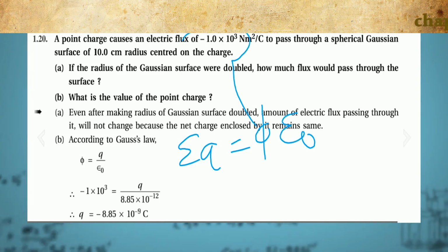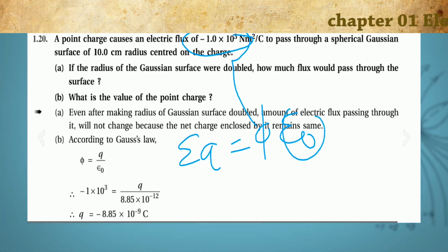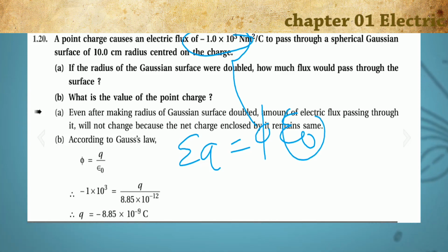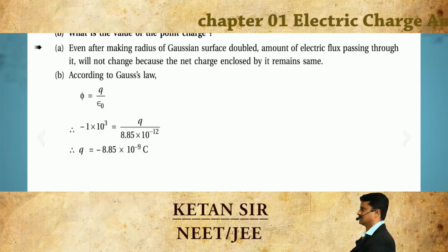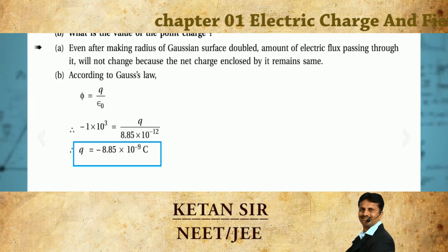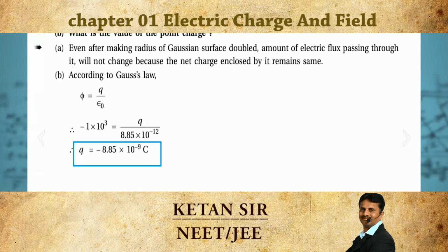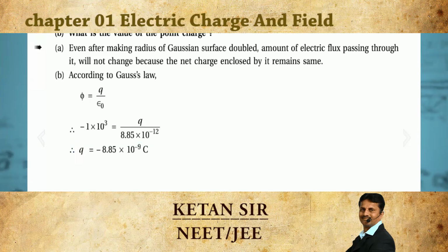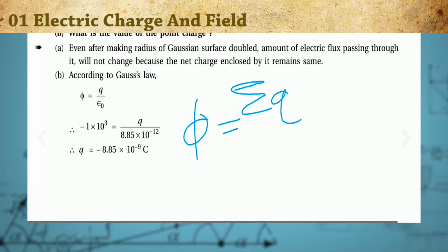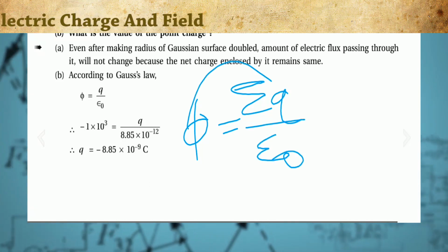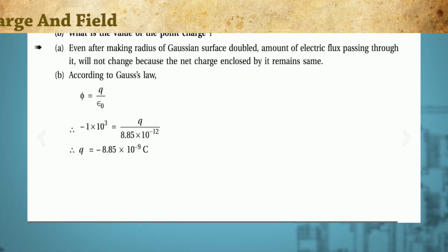The value of phi is minus 1 into 10 raised to 3, and epsilon 0 is 8.85 into 10 raised to minus 12. After putting the values, you get the answer minus 8.85 into 10 raised to minus 9. It is a very simple question based on the Gauss theorem, phi is equal to sigma q by epsilon 0. Flux depends only on the net charge within a Gaussian surface.